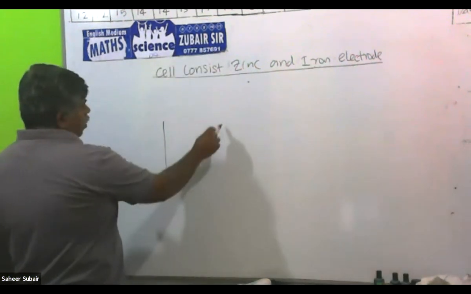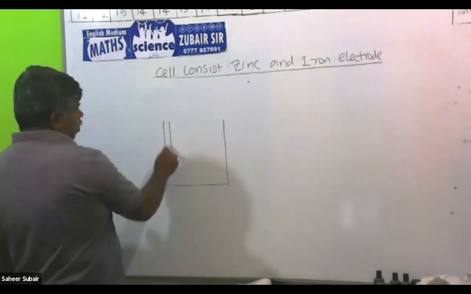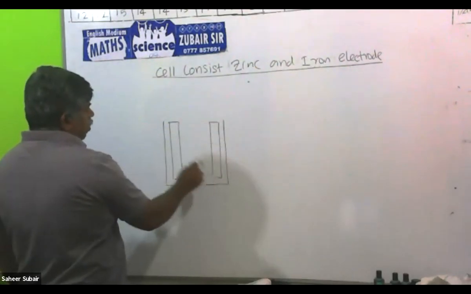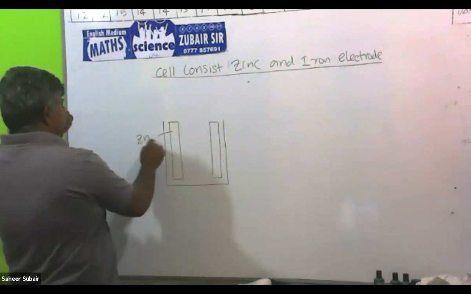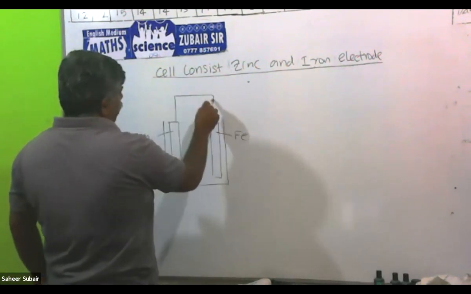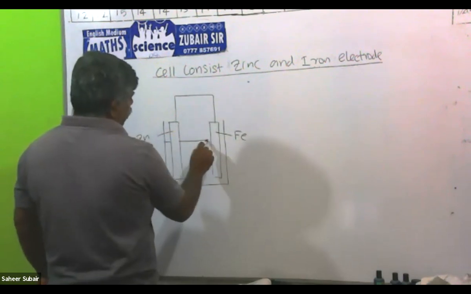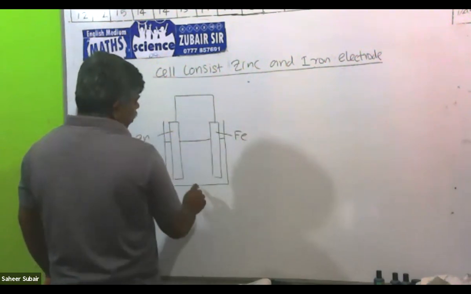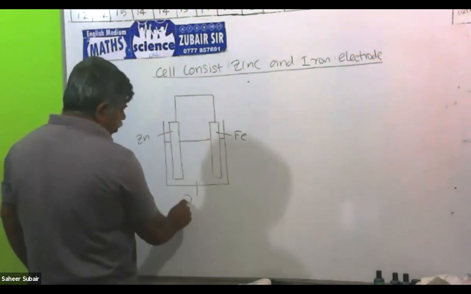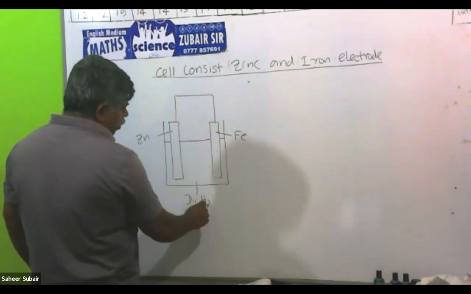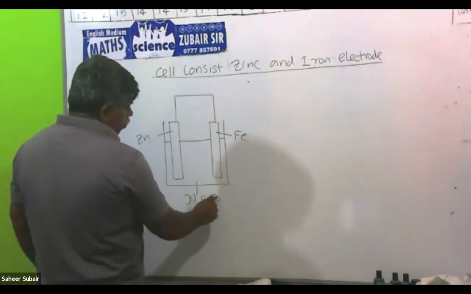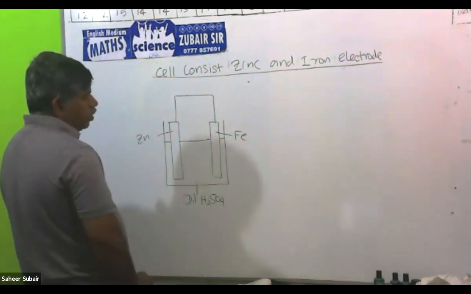Then see the cell is given like this. This one rod, this another rod, this only zinc, this only iron. It is connected by the external circuit. Solution is there. What is the solution? Diluted sulfuric acid, H2SO4. Right?